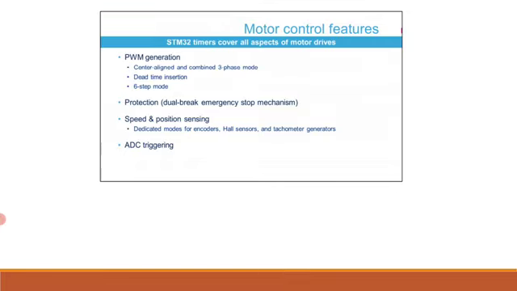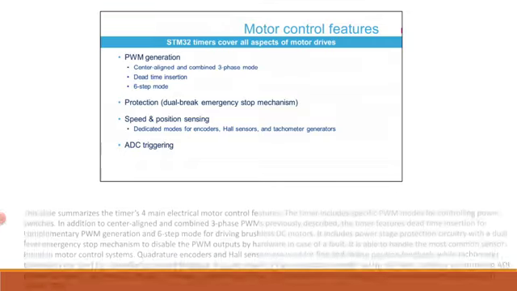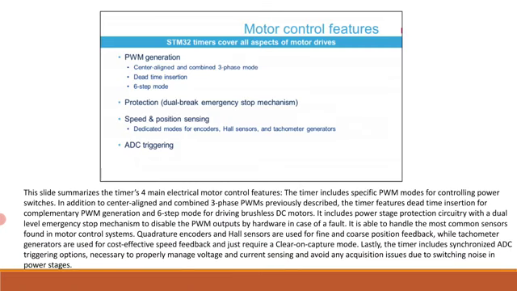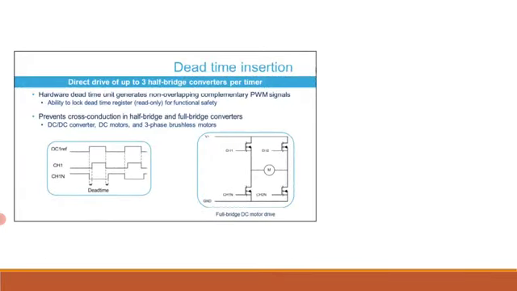Dead time insertion, we will discuss immediately after this. So hardware dead time generation provides two non-overlapping complementary PWMs for a reference PWM signal. The STM32 timer includes up to 3 dead time generators for OC1, OC2 and OC3 channels.